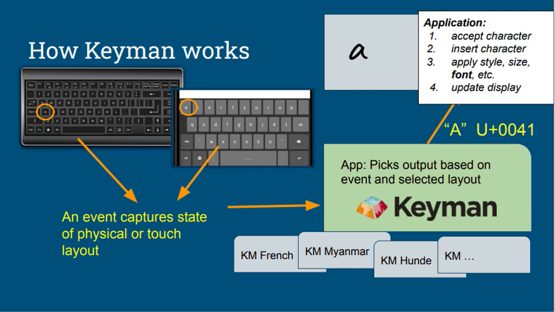So on my Android phone, for example, I have the Gboard as the default keyboard, but I can switch to Keyman for keyboards that I have downloaded from the Keyman website or keyboards that I have built myself using the Keyman Developer. And this lets me use a wide variety of input methods. And again, they all talk to the applications in the same way. Especially on a mobile device, this is really, really nice.